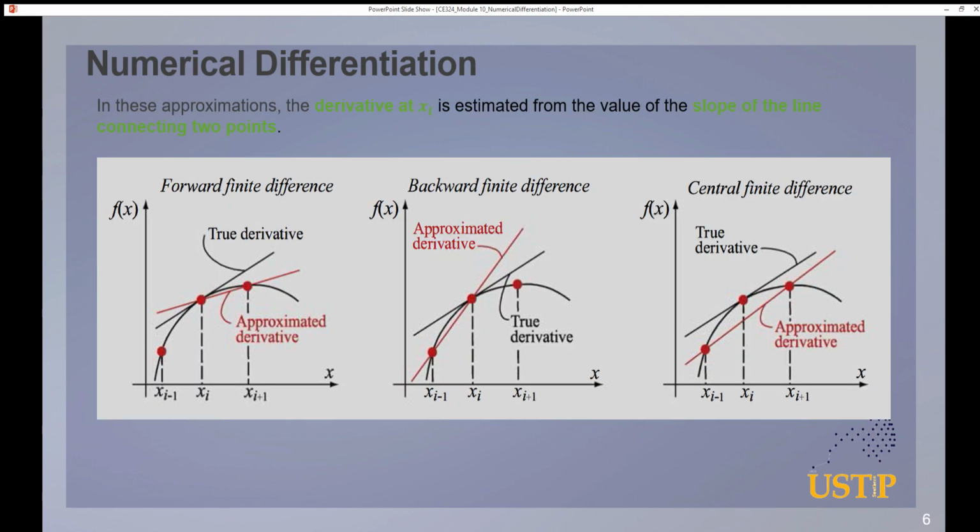We compare these three ways by their differences. In these approximations, the derivative at xi is estimated from the slope of the tangent line connecting two points. So let's talk about the forward finite difference.